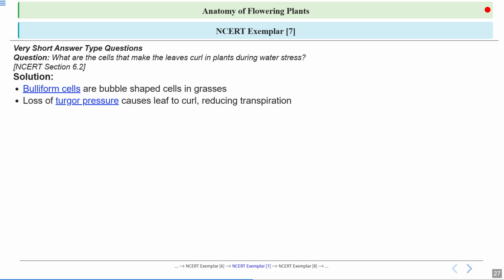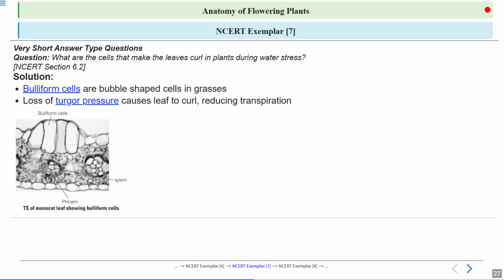So when there is a loss of turgor pressure, these bulliform cells become flaccid. They release the water, and this makes the leaf curl, and in that way they reduce the transpiration rate. Here you can see the structure of the bulliform cells.